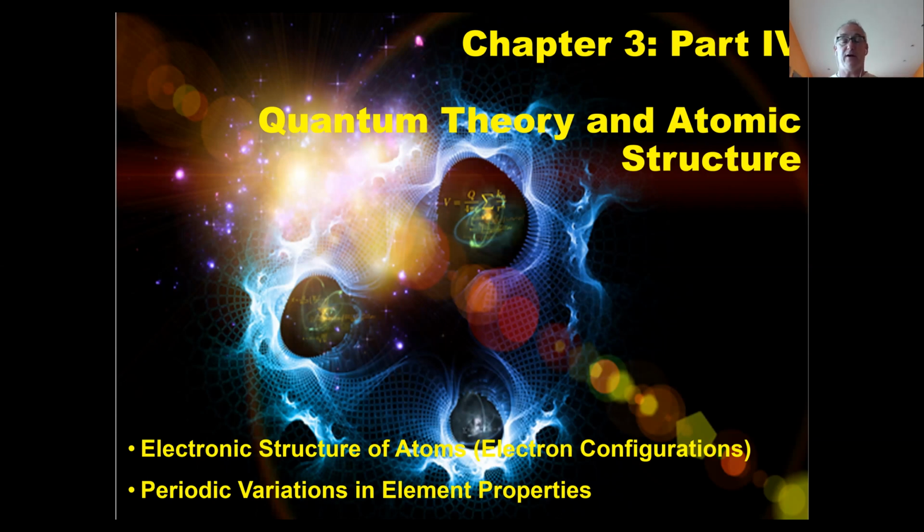Most, if not all, of the periodic properties we look at on the periodic table are related to the electron configuration. The one we're going to be doing in lab is the size of atoms, and the size of atoms, as we'll find out, is pretty important. So anything else before we get going?